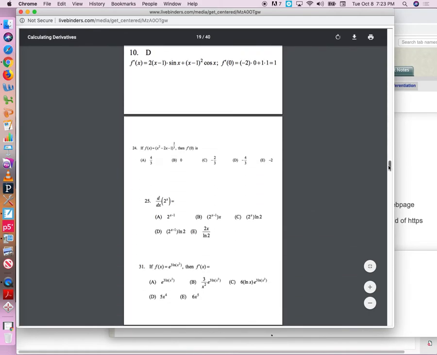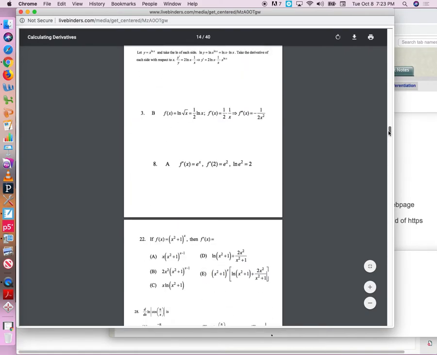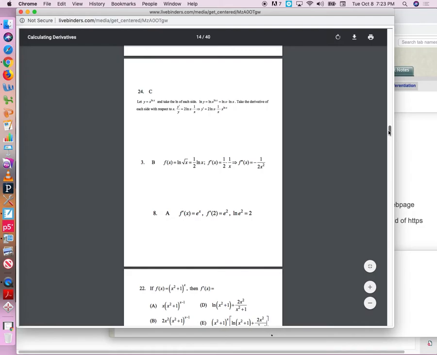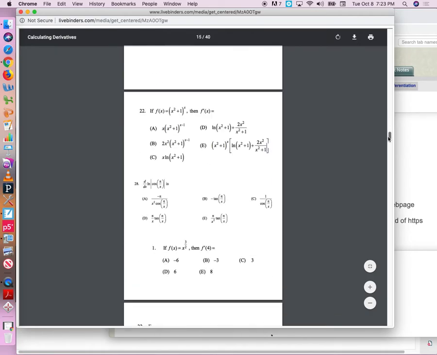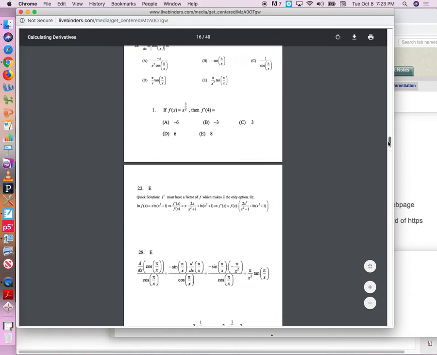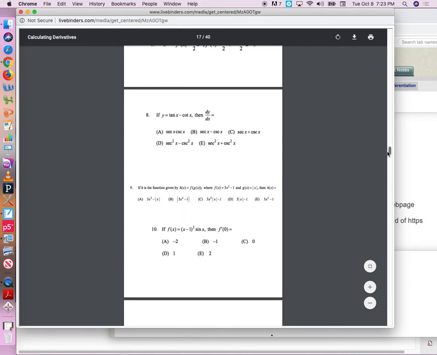All right, so 20, okay, I passed it. All right, so it must be right here. 24, 3, and 8. Yeah, I'd crossed out all of those. And then 22, and I couldn't read my writing on the next one, was 28. We're going to cross those out. You're not responsible for those yet. And then 8 you should be fine with. So let me pick back up where I was.